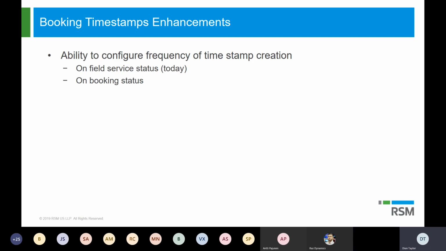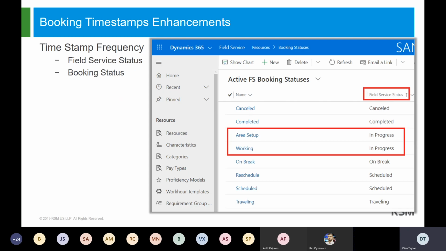Then in this release, admins have the ability to configure Field Service to create timestamps at a more granular level. Currently, timestamps are created when a field service status changes. With this new feature, we have the ability to configure the system to create timestamps when a booking status changes. And everybody's probably going to ask, what the heck are you talking about? Okay, let me explain.